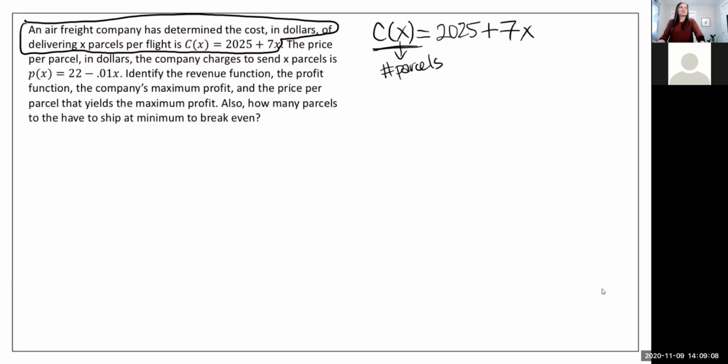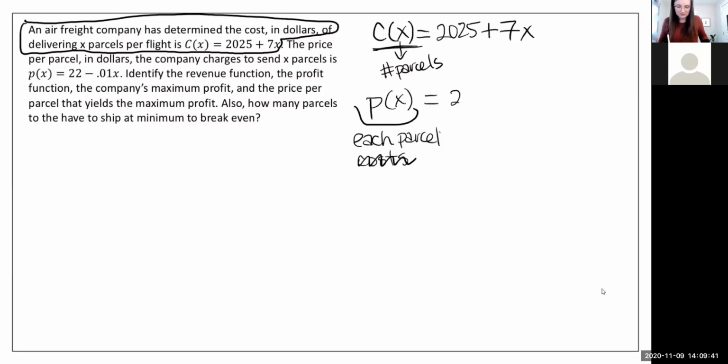So that is the cost of x parcels to get sent. Okay, that's all we know so far. Okay, let's keep reading. The price per parcel, so the amount that they charge their customers per parcel, is going to be 22 minus 0.01x.